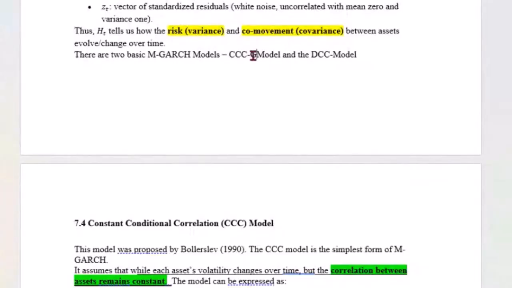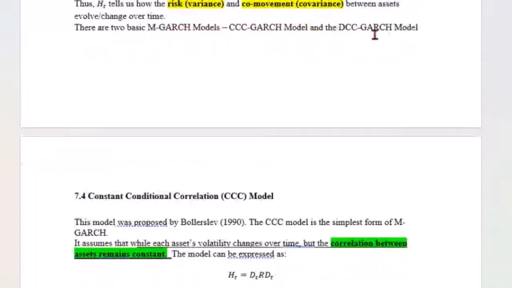Actually, this one should be CCC GARCH model, and this one is DCC GARCH model, like that. So there are two basic ones, the constant conditional correlation GARCH model, and then the dynamic conditional correlation GARCH model.